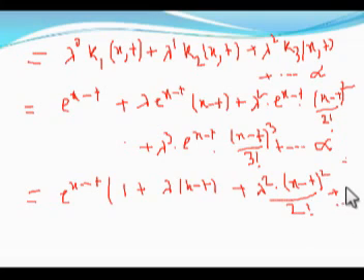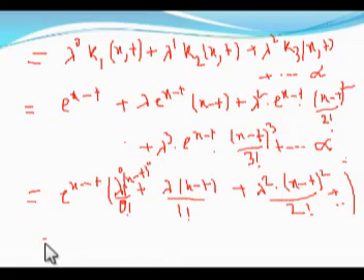It is not a geometric progression, sorry for this, because there is a factorial. It is an exponential series. You can put here 1 factorial, and here lambda 0, x minus t to the power 0 by 0 factorial. It is exponential, not geometric progression. I had not noticed that there is a factorial.